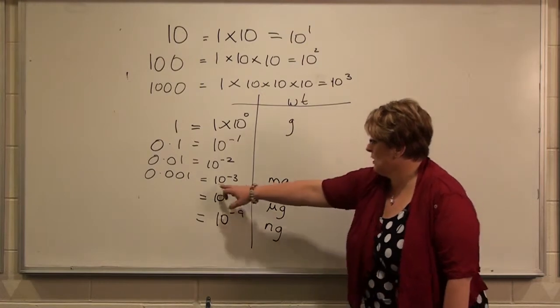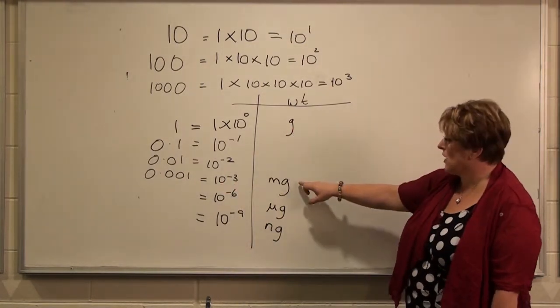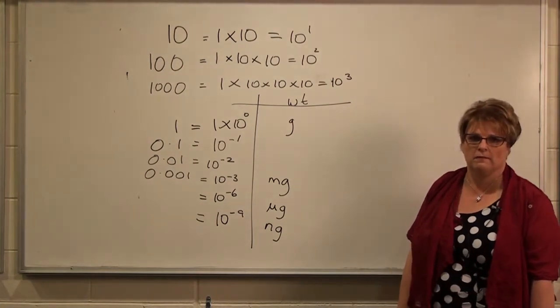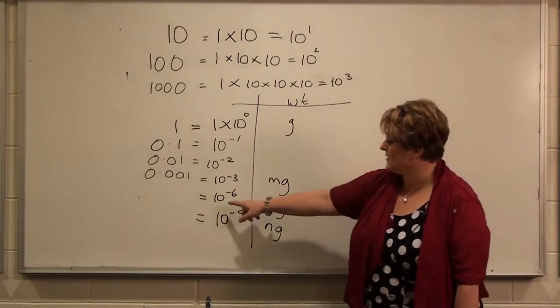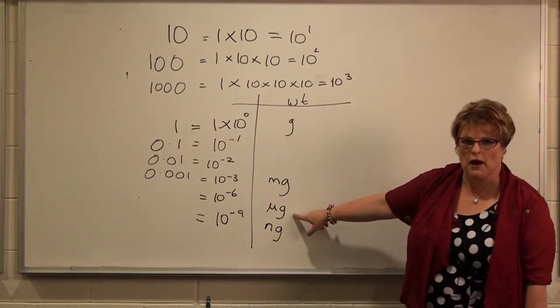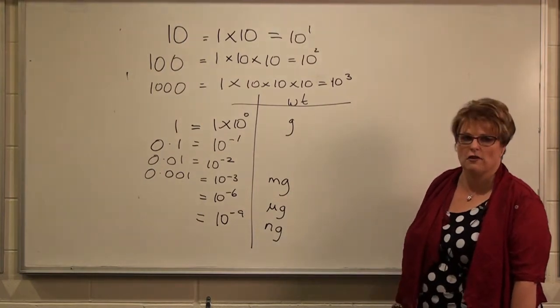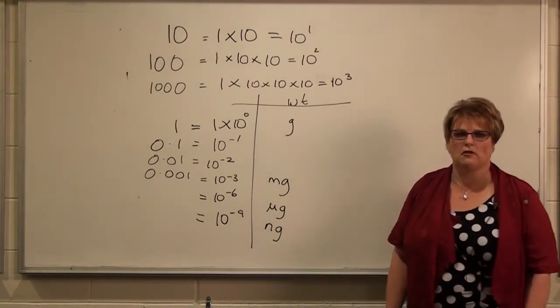So when we are talking about 10 to the minus 3 of a gram, we're talking about a milligram. When we're talking about 10 to the minus 6 of a gram, we're talking about a microgram. 10 to the minus 9 of a gram, you're talking about a nanogram.